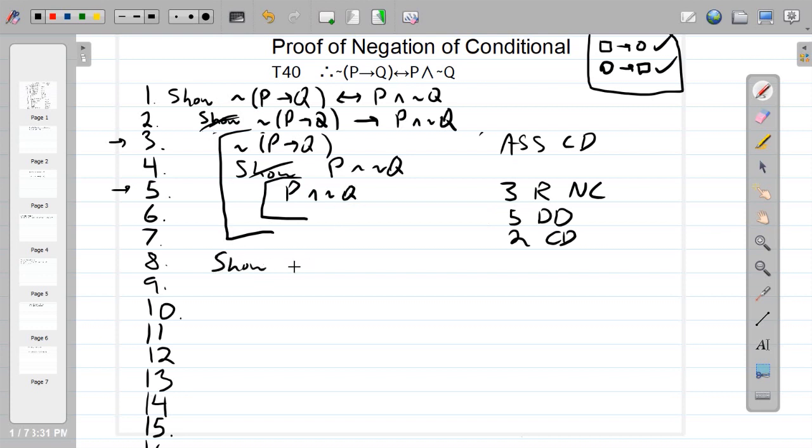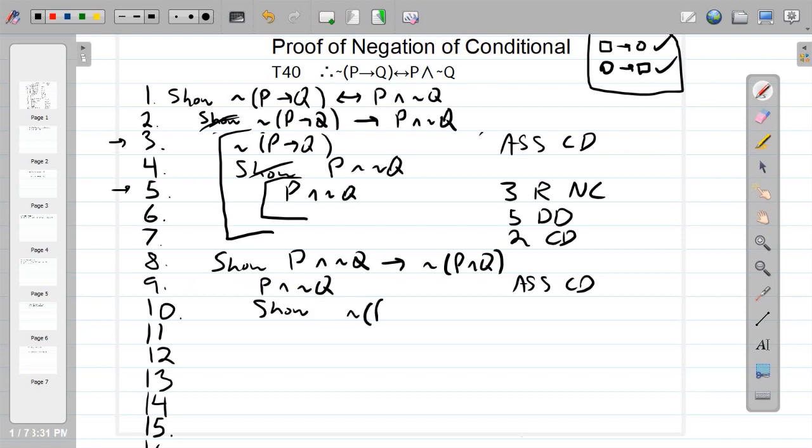I want to show P and not Q, then not P and Q. Assume this for conditional derivation. Show not P and Q. Well, 9, repeat, negation of conditional gives me, sorry, this should be a conditional, not an and.